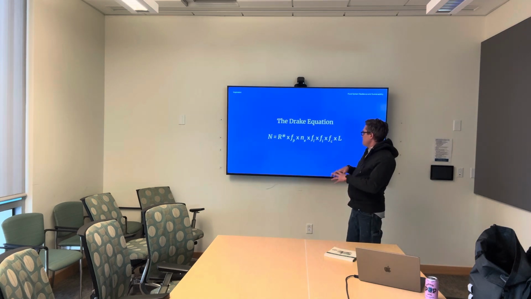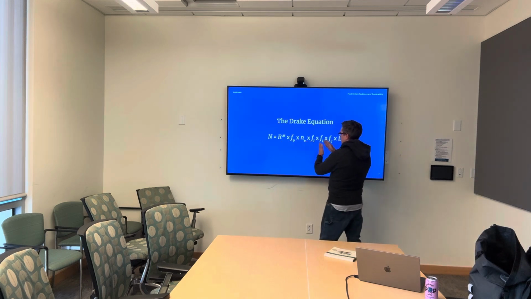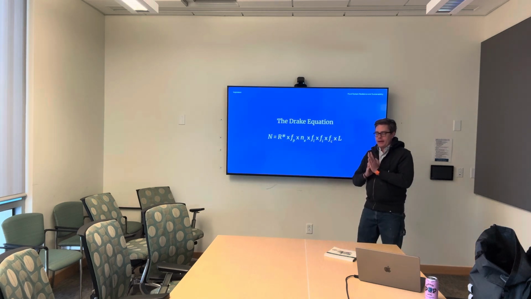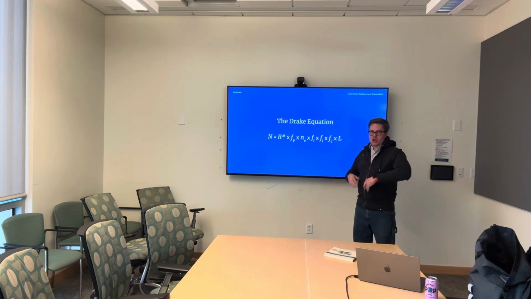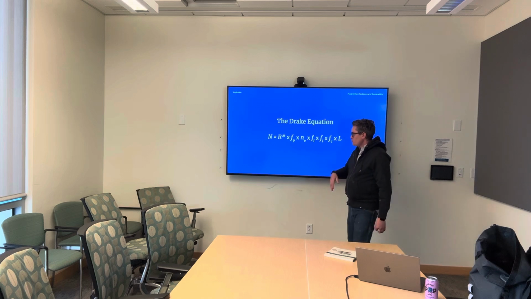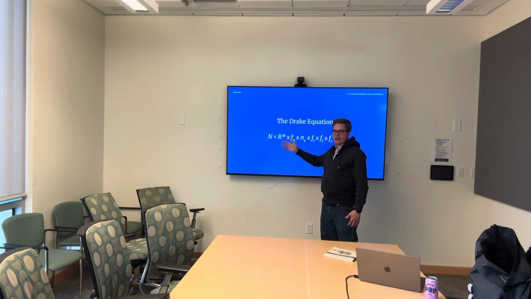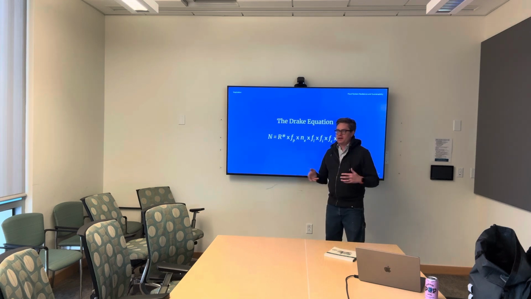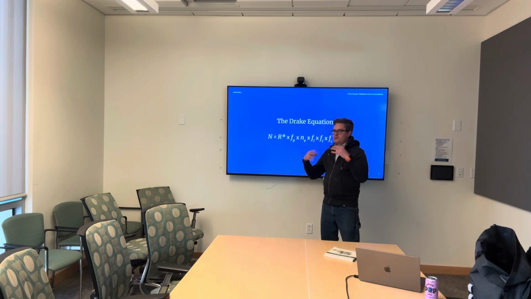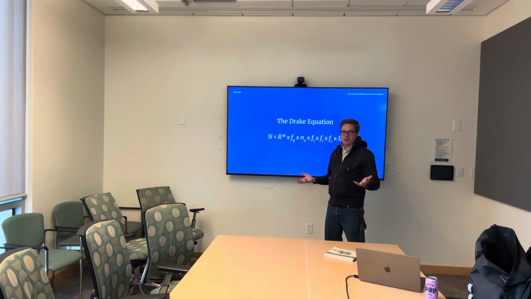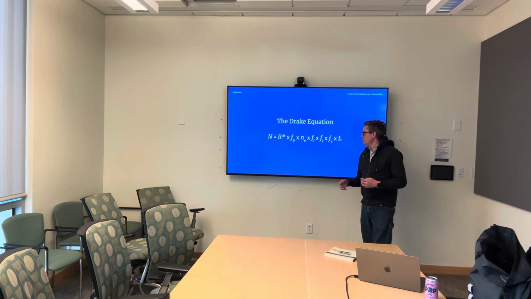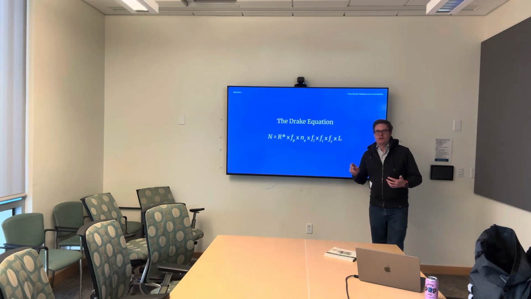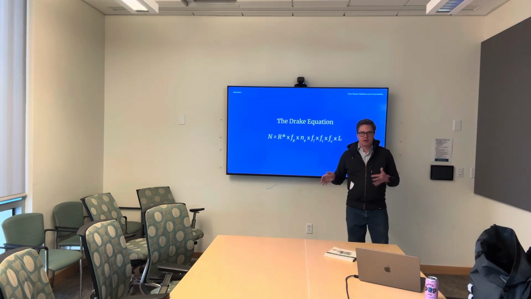Now there are various different factors that go into this. And what's powerful about this is many of these factors are dimensionless. They are ratios, they are fractions. And so you have things here like the number of stars in our galaxy, the number of those stars that have planets, the number of those planets that could support life, the number of those life-giving planets that developed communication, and whether or not they have communication at the same time that we have communication.